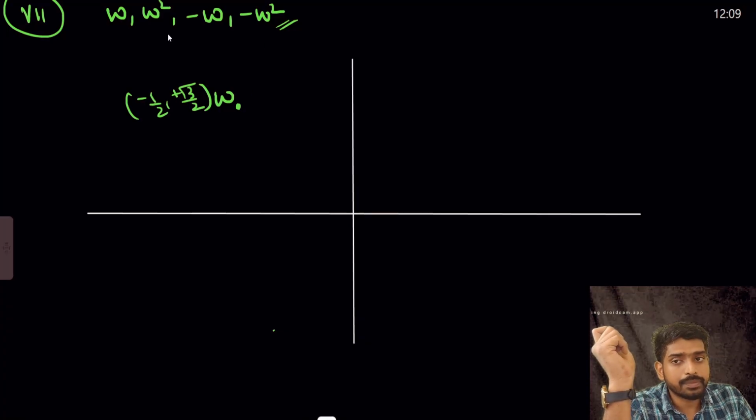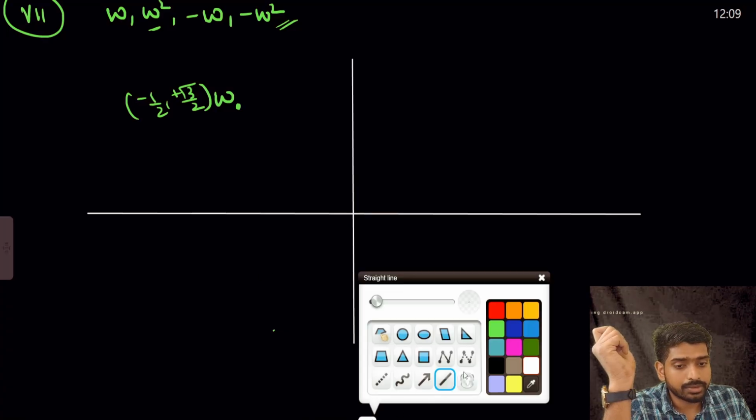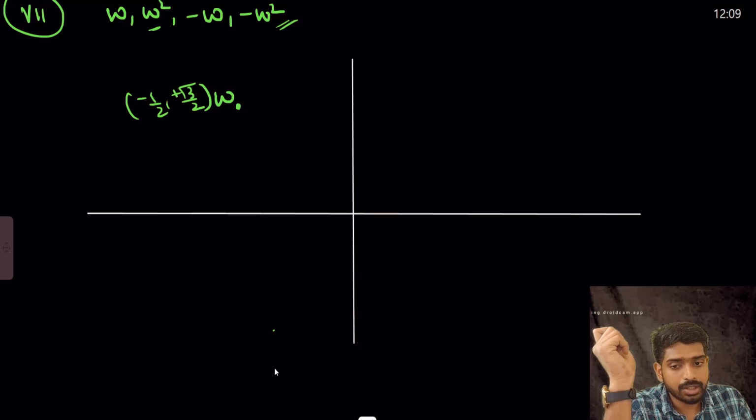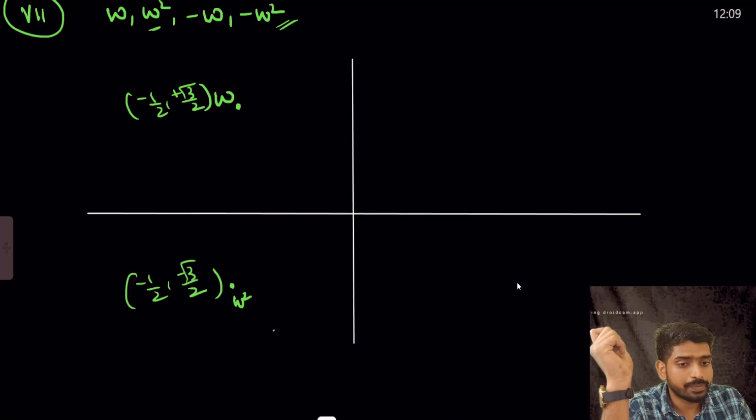Where is omega square? Omega square lies in the third quadrant, somewhere here. The coordinate of omega square is minus 1 by 2, minus root 3 by 2. Next, where is minus omega?